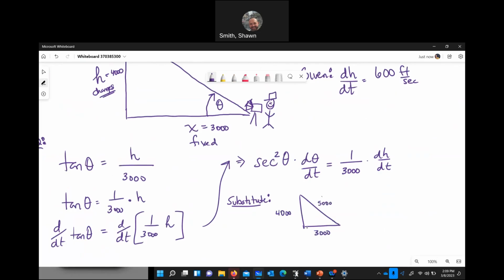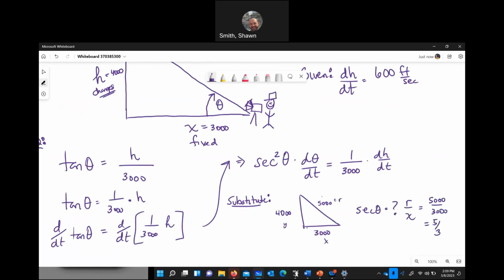All right, so I need to figure out what is the secant. Secant of theta is what? This is x, this is y, and this is r. Secant's reciprocal is cosine. Cosine is x over r, so secant is r over x. That's 5,000 over 3,000. That's 5/3.